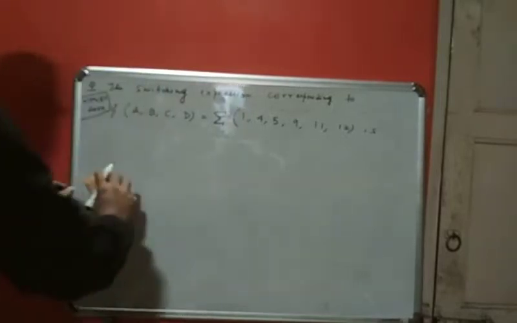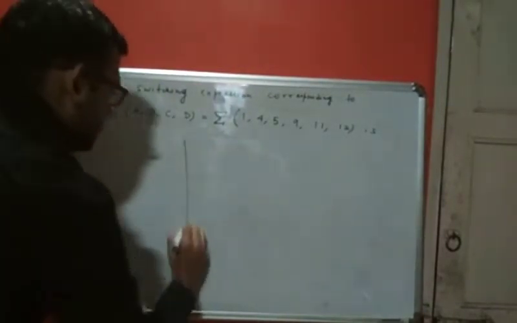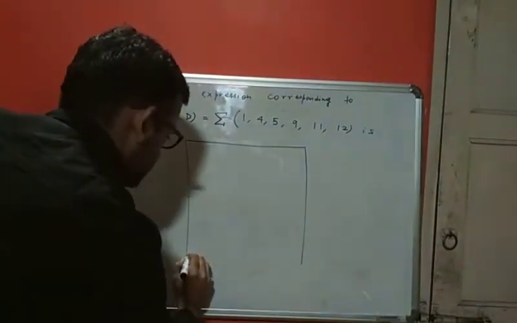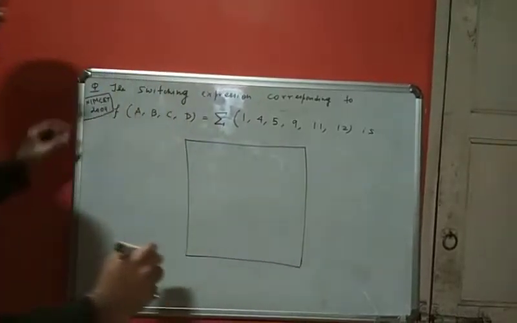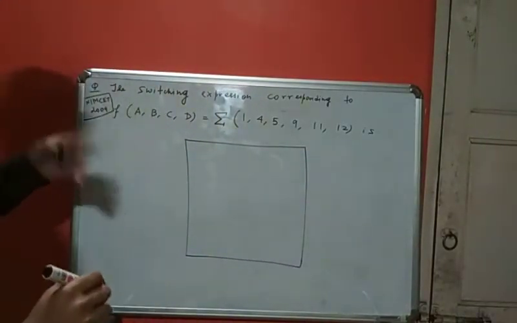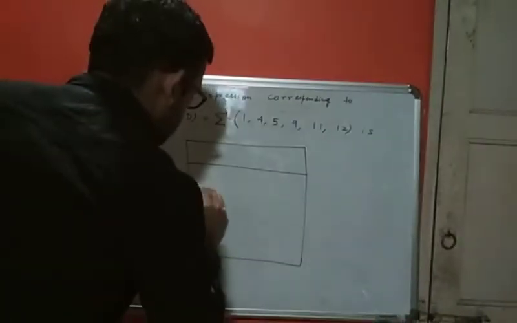What you could do is rewind the video if you haven't, pause it for a moment and then note it down. So first you construct the grid for a K-map. Since it is a function of 4 Boolean variables, we'll have 2 to the power of 4, that is 16 cells. So we'll have 4 rows.